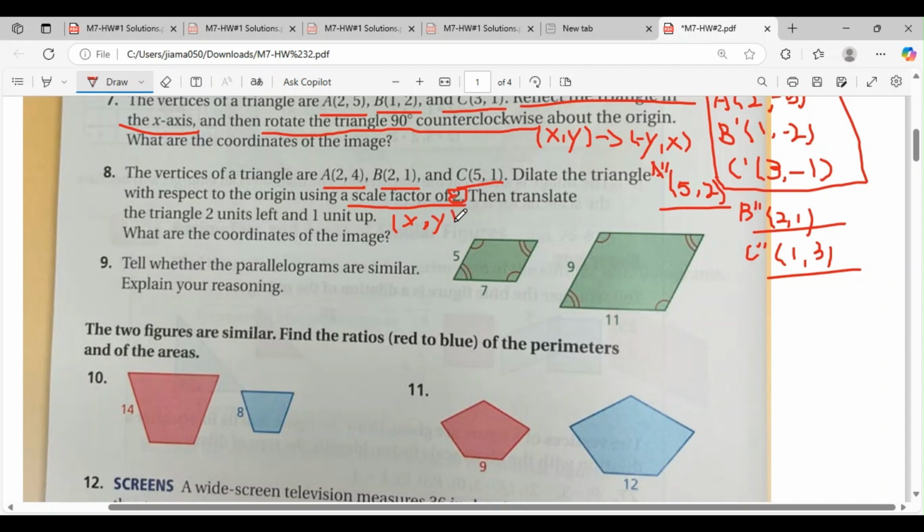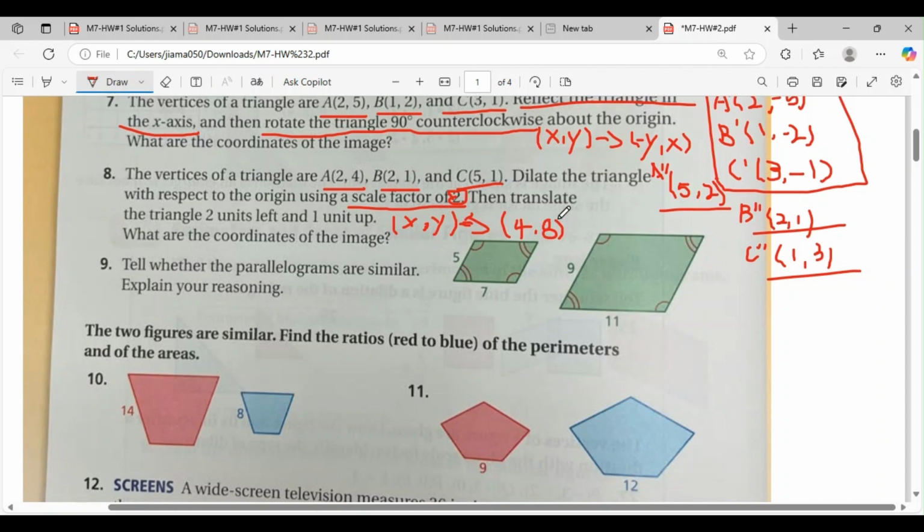So after dilation, this is for point A. 2 times 2 equals 4. 2 times 4 equals 8. So this is our first point.